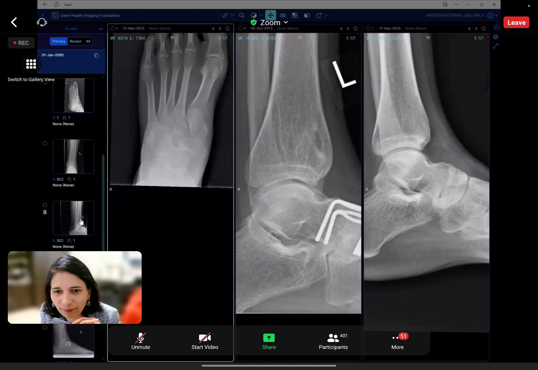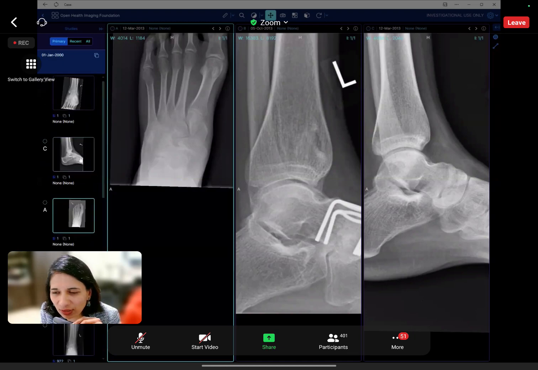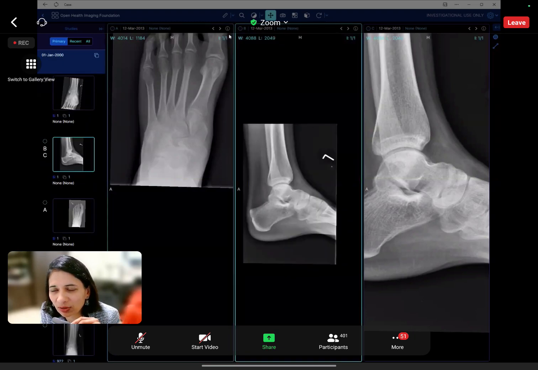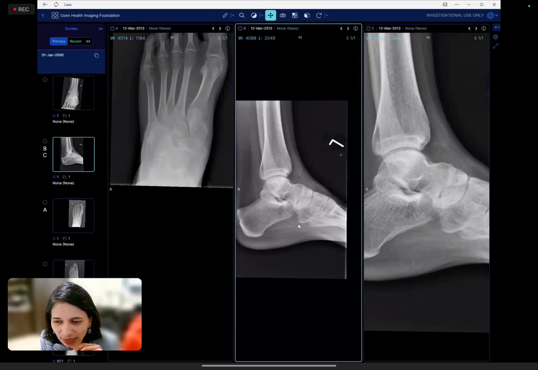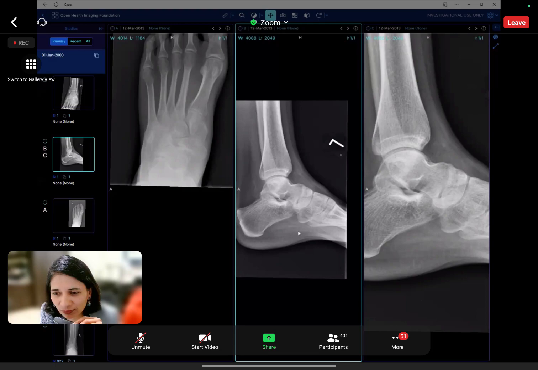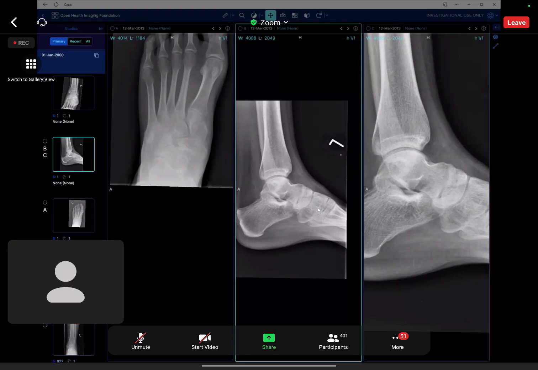So there is talonavicular dislocation. This is one of the things in the Viva that we don't want you to miss, because ED will definitely not pick this up, and as a radiologist, if you don't pick it up, nobody else will. Right.